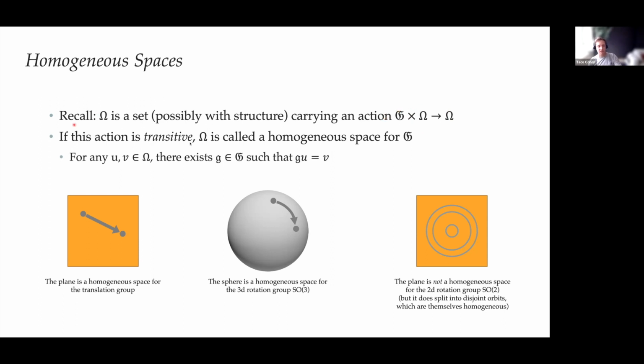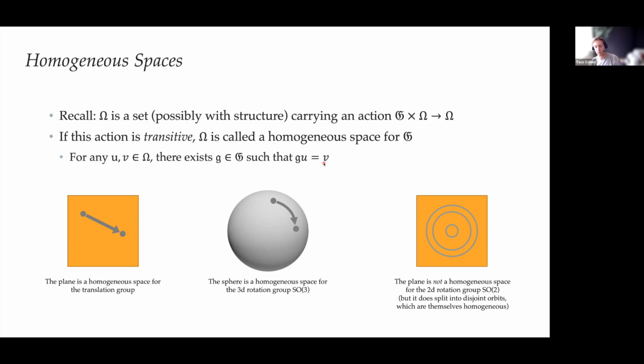Now, if this action is transitive, then omega is called a homogeneous space for G. So what does that mean? To be transitive, well, if we have any 2 points, U and V, in our space omega, then there should exist at least one group element G such that applying G to U gives us V.